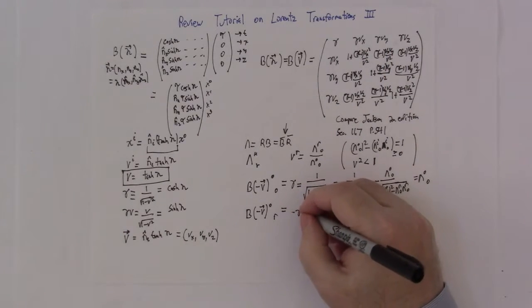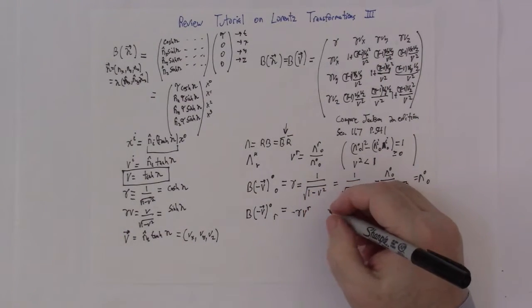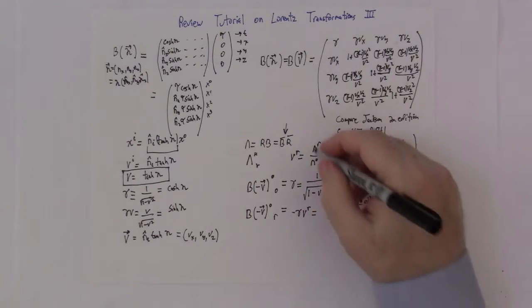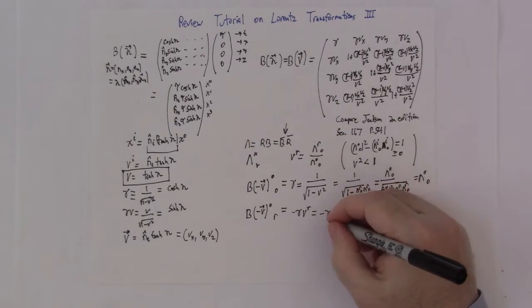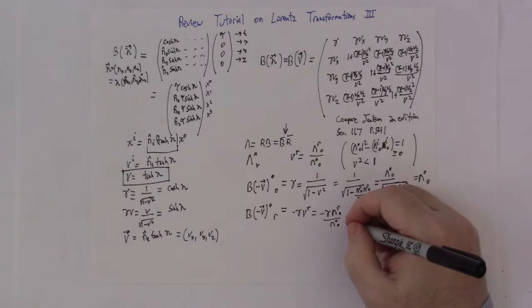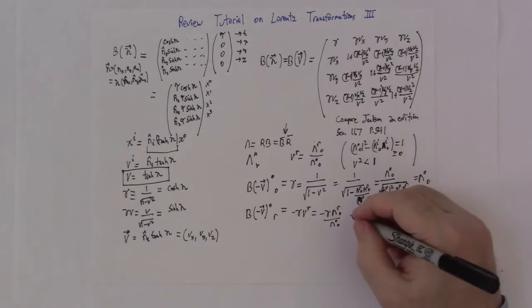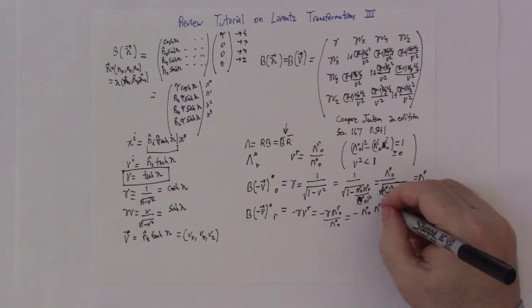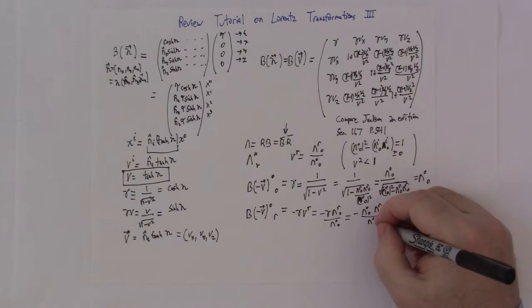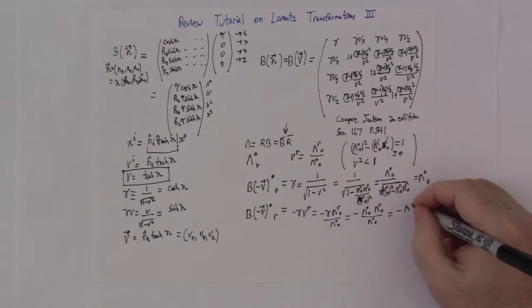It's equal to minus gamma vr. Remember, we defined vr by that. So this is minus gamma lambda r0 over lambda 0, 0, which is equal to minus lambda 0, 0 lambda r0 over lambda 0, 0. It's minus lambda r0.